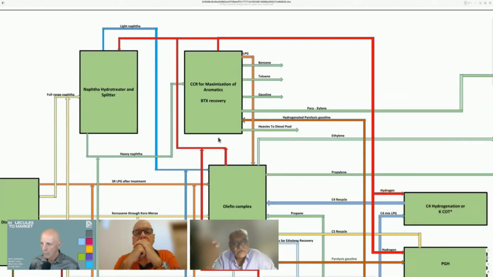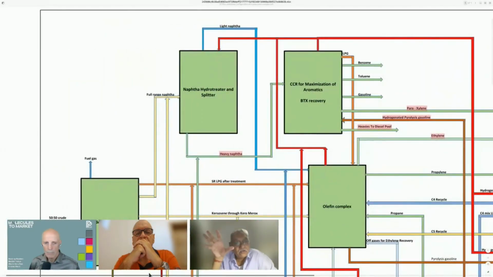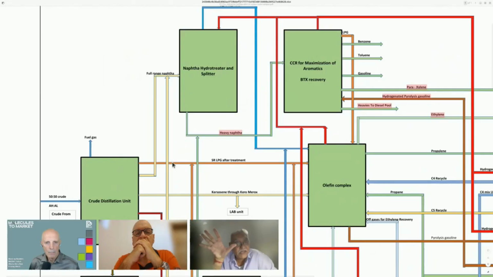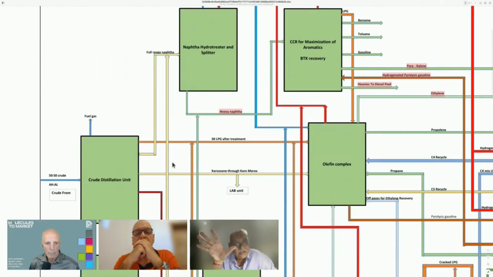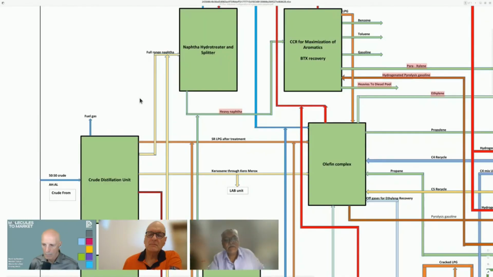Now, two things which we have inferred out of our experience. On the refinery side, going for a managing licensor is possible, is feasible, has been happening. The most important part is it is happening.